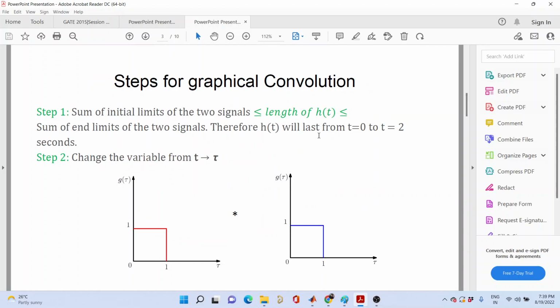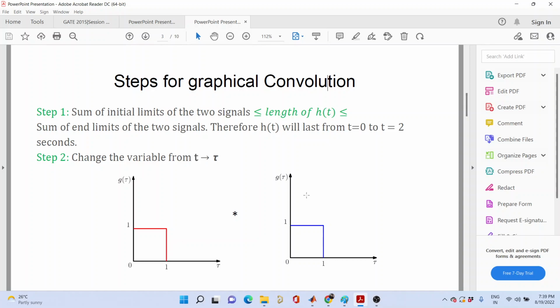So now, if we convolve two such signals, the first step is to find the length of the impulse response. I have represented the impulse response as h(t). The length would be the sum of the lengths of these two signals. The length of this signal is 1, and the length of this signal is also 1, so the length of h(t) would be 2.